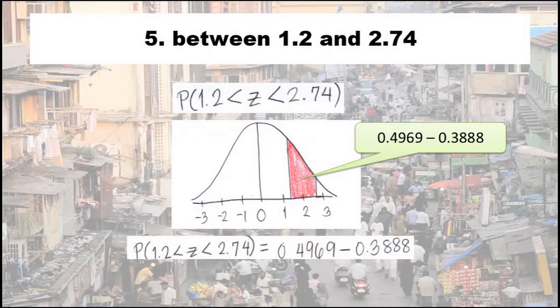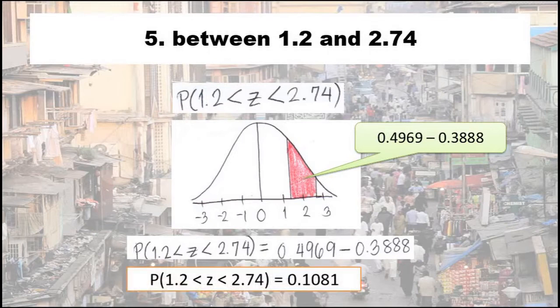So the probability that z is between 1.2 and 2.74 is equal to 0.4969 minus 0.3888, which is 0.1081.